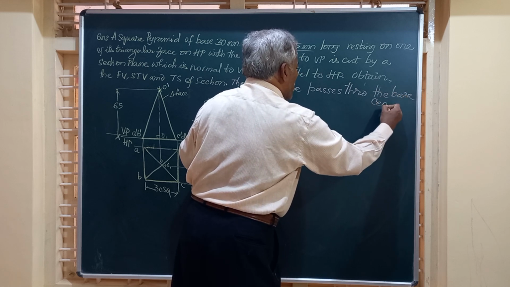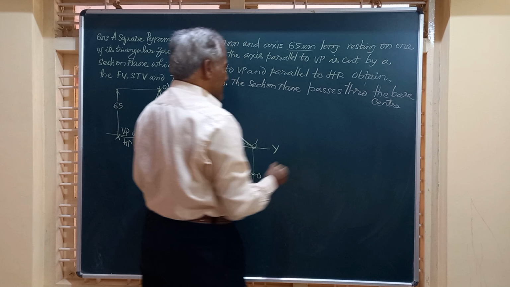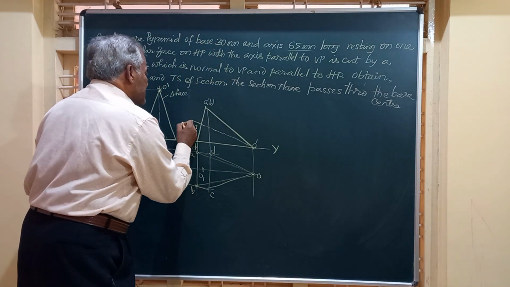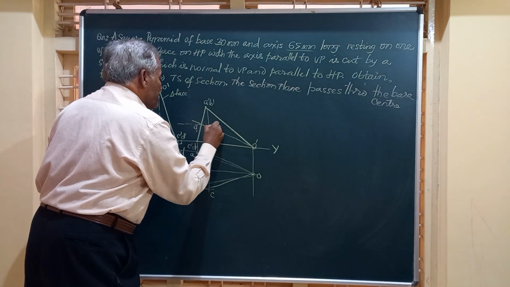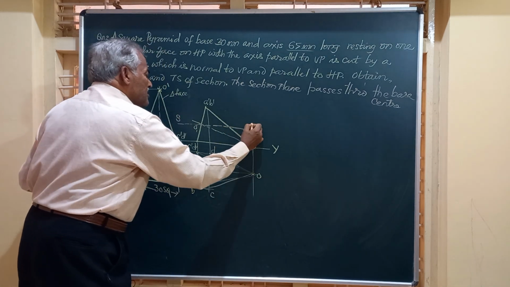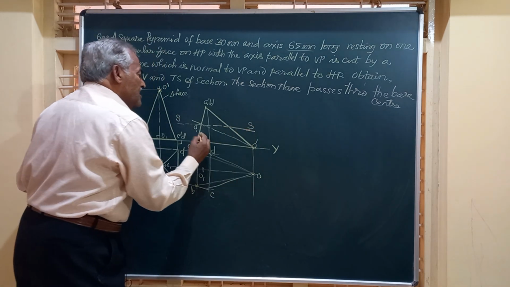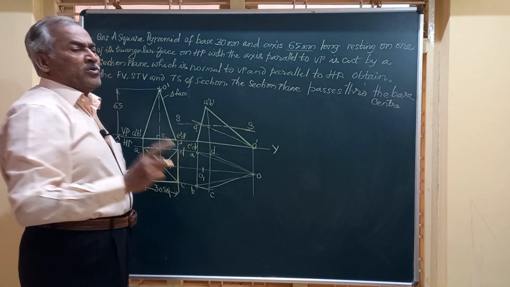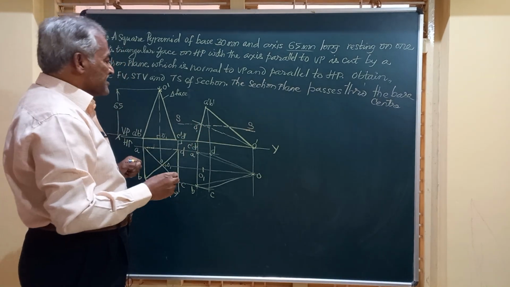Base center is O1, that is O1 dash. So I have to write a horizontal line representing the section plane SS. This is horizontal and passing through O1 dash, the center of the base.